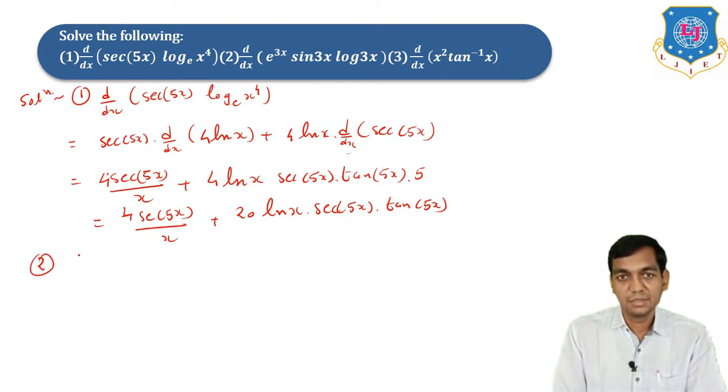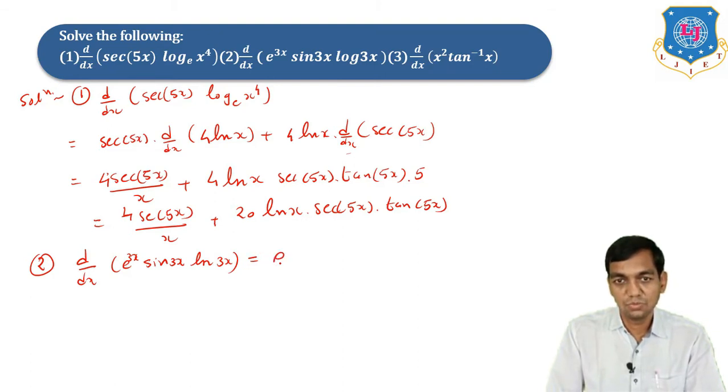In the same manner, second example, here d by dx of e raised to 3x into sine 3x into log 3x. Now see, here three functions are given, so you have to keep two as they are and take the derivative of the third one.